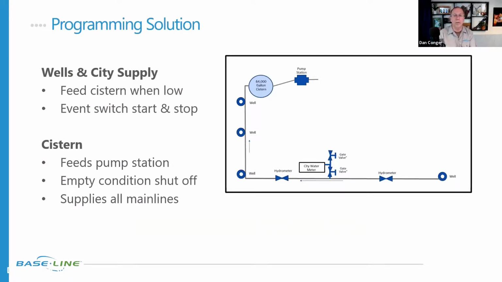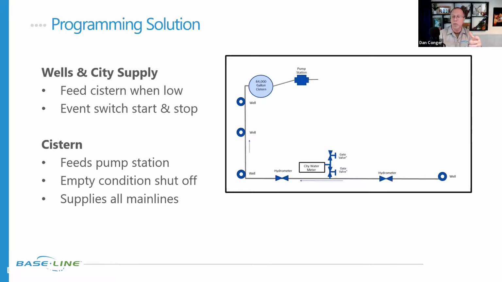So here's kind of how they set up the programming. The wells and the city water supply feed the cistern, that 64,000 gallon cistern, whenever the level drops below a certain level. So it starts dropping, and from those event decoders it tells it, I need to start filling. So the event switch uses a start and a stop to run those wells and the city water if needed. And that cistern feeds that 1,500 gallon pump station.